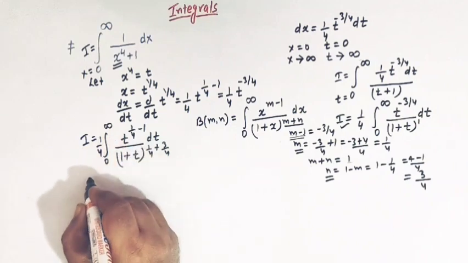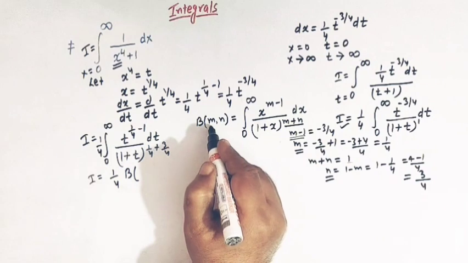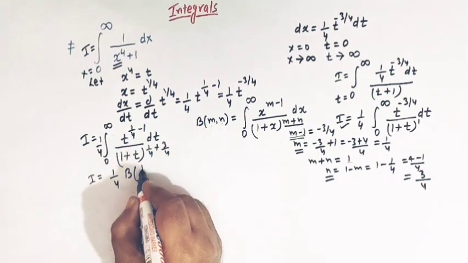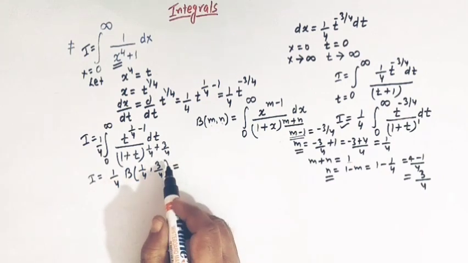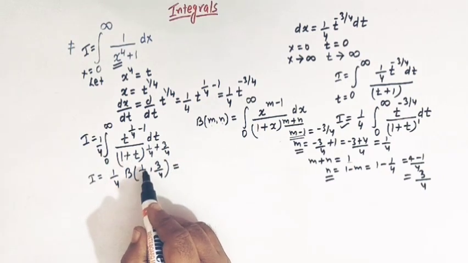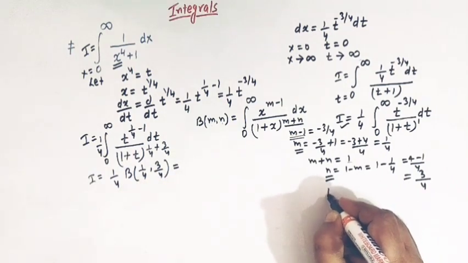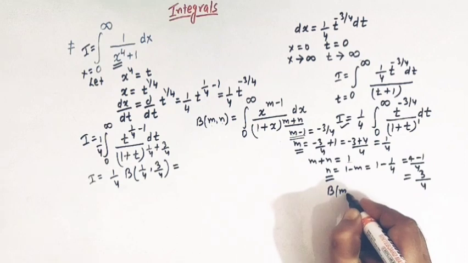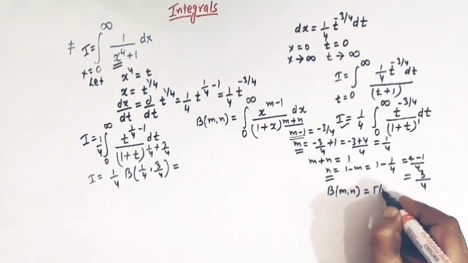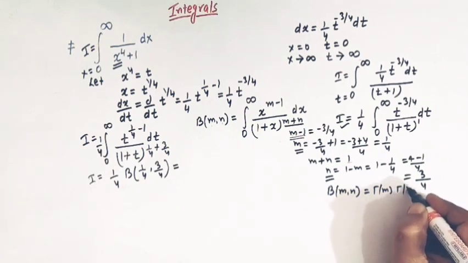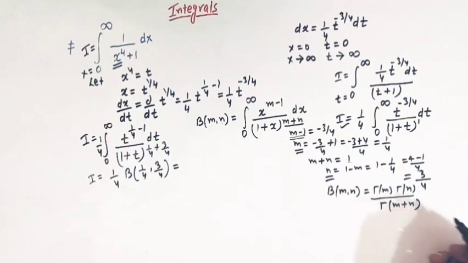So now I is equal to 1 by 4 beta of m, n. M is 1 by 4, n is 3 by 4, right? So now we have to find the value of beta 1 by 4 comma 3 by 4, and we know the relation between beta function and gamma function, that is beta m, n is equal to gamma of m, gamma of n divided by gamma of m plus n, right?